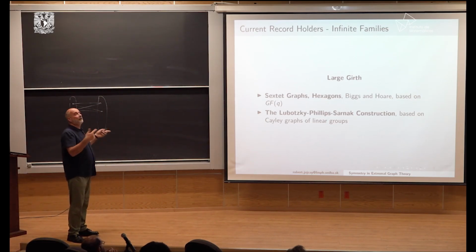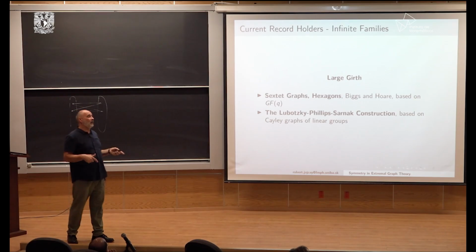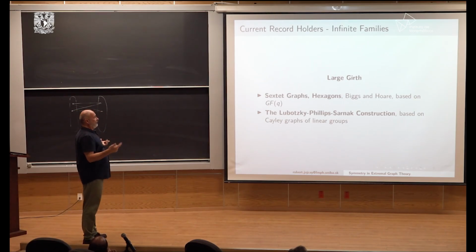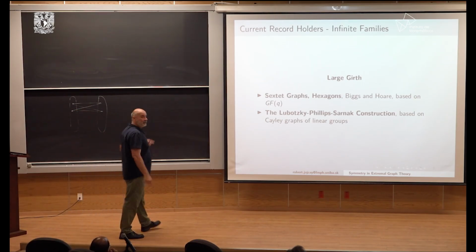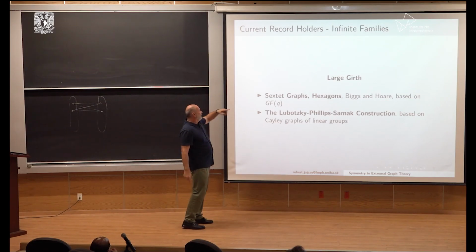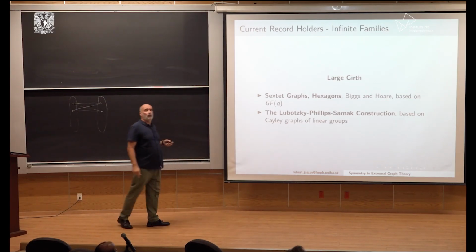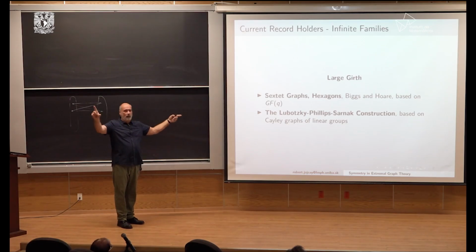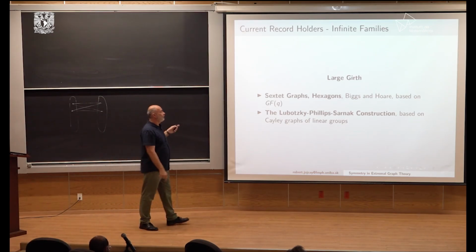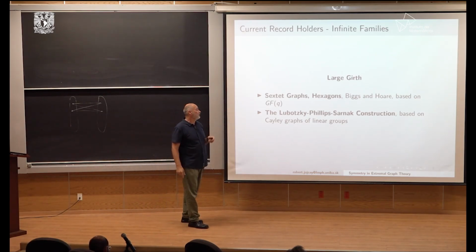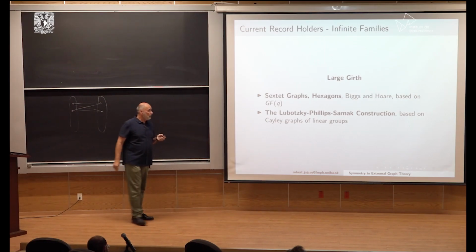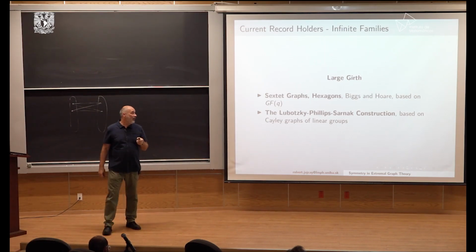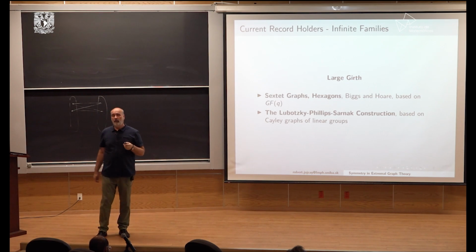There are some infinite families of graphs of large girth, all of them based on algebra, which is why I'm mentioning that. The so-called sextet graphs, where you have sextuples of things over a finite field. Or the Lubotsky-Phillips-Sarnak construction, which is based on Cayley graphs of linear groups.